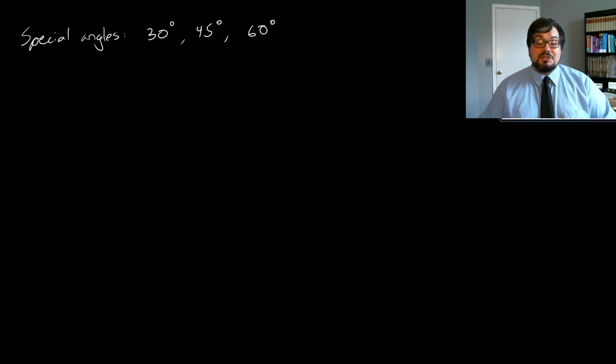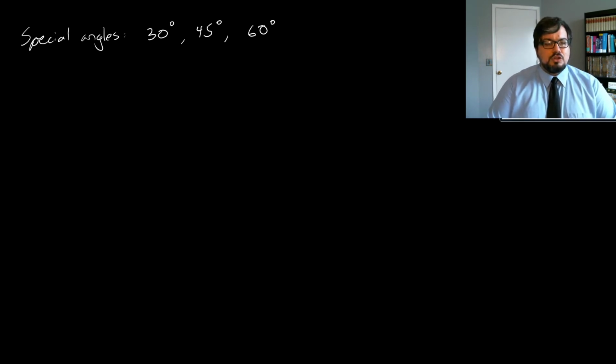And the way that we're going to do that is by having reference triangles. We're going to have standard reference triangles that we memorize that involve angle measures of 30 degrees, 60 degrees, and 45 degrees. So let's start with 30 degrees and 60 degrees.